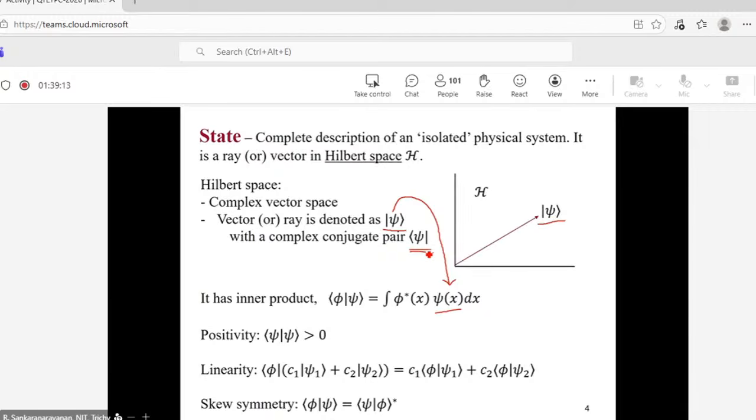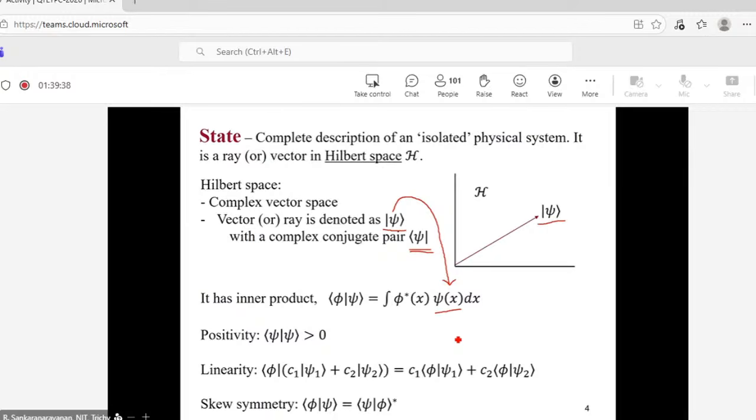There is nothing mysterious about it. It's just a way of writing the object in a compact way. If you are talking about a system moving along the x-axis, you can write psi as a function of x. For an object moving in three-dimensional space, psi will be a function of x, y, z, and so on.